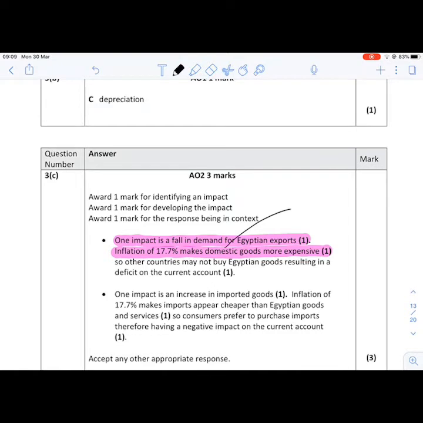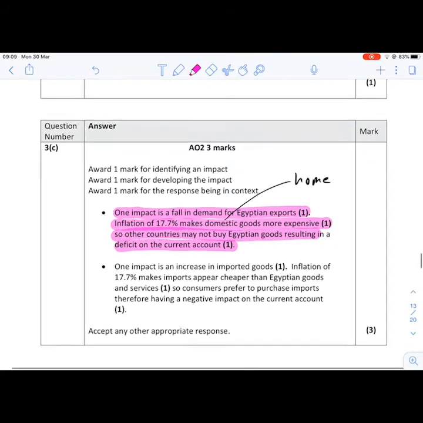That means home goods, the goods produced within the home country of Egypt. So other countries may not buy Egyptian goods, resulting in a deficit on the current account, or the current account worsening.